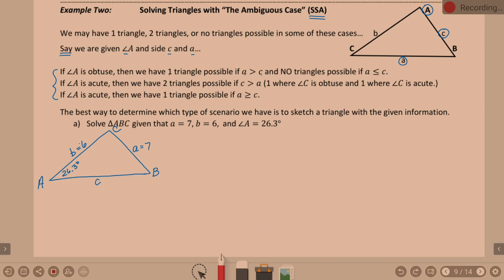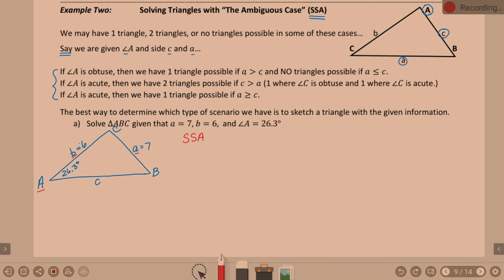Let's look at what they provided. Notice we were given an angle, a side, a side. So going around the triangle, we were given an angle. I'm going to reverse that though, because they refer to it as side, side angle, right? So, side, side angle.